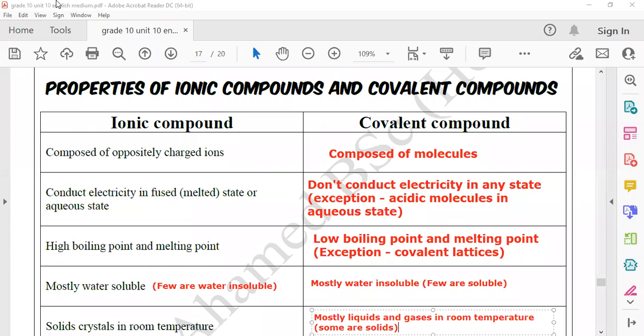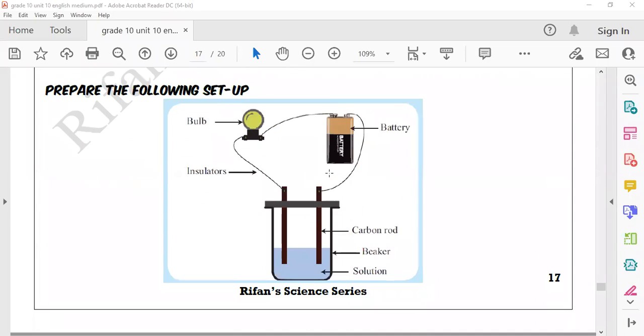So, passing this, we are coming here. It's a very simple, small experiment. Now, you know, ionic compounds can conduct electricity in aqueous solution state. Agree?